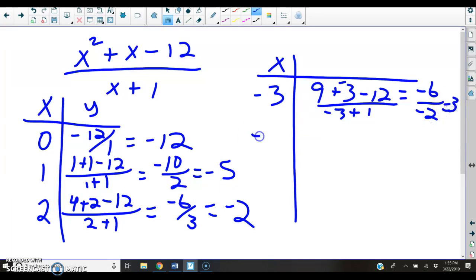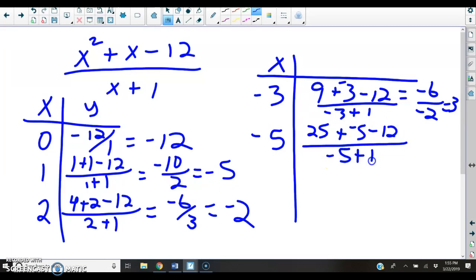Okay, now let's try -5. That would be 25 plus -5 minus 12 over -5 plus 1, which is 8 over -4, for -2. There we go. That's what I needed. So we got -3, 3 and -5, -2.